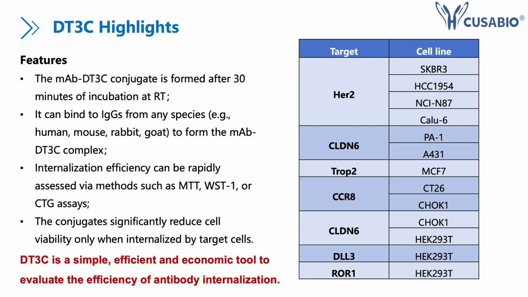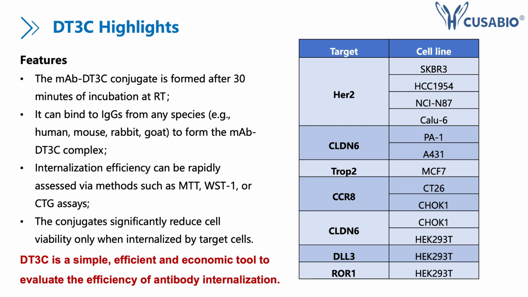So we did the DT3C killing assay with all the cell lines, and we see pretty good result for some of them. And also we have some assays with cell lines that overexpress some of the targets like the CCR8, DLL3. For these overexpression cell lines, we also performed the DT3C assay and we see good result. So this is just for your reference.